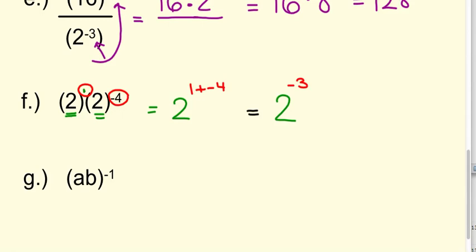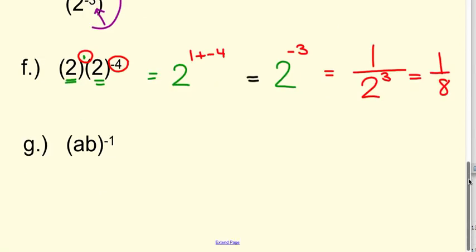Then remember the rule of negative powers, you have to flip that down to the denominator. So now it's 2 to the positive 3rd power and then in the denominator, 2 times 2 times 2 is 8. So you're left with 1/8.